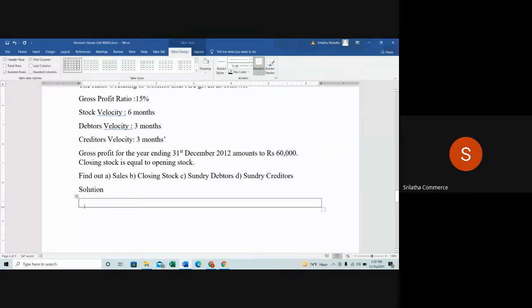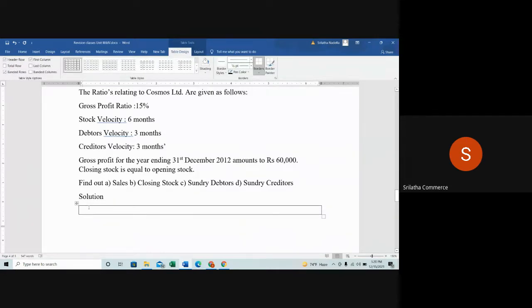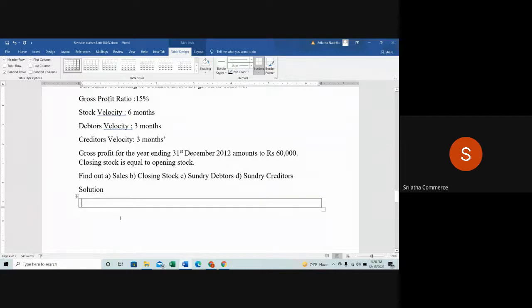Calculation of sales. Clear? So what is the formula? What is the information he had given? He had given gross profit, isn't it? He gave gross profit rupees 60,000 and rate of gross profit is given.